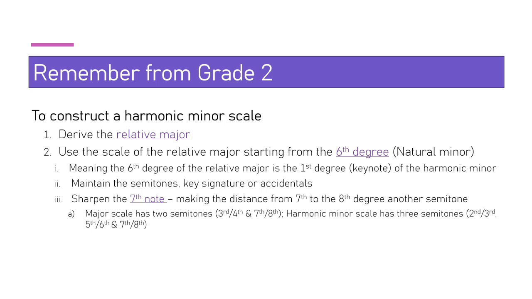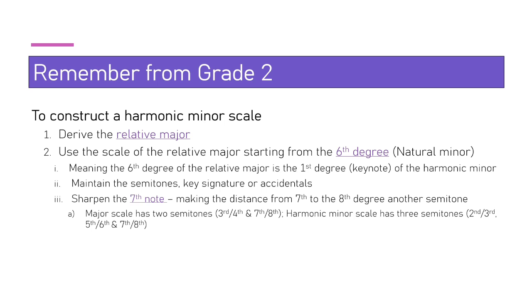Now, when you sharpen the seventh degree, it makes the distance between the seventh and the eighth degree a semitone instead of a tone. Okay, so it means that overall, the major scale will have two semitones, third and fourth, seventh and eighth.